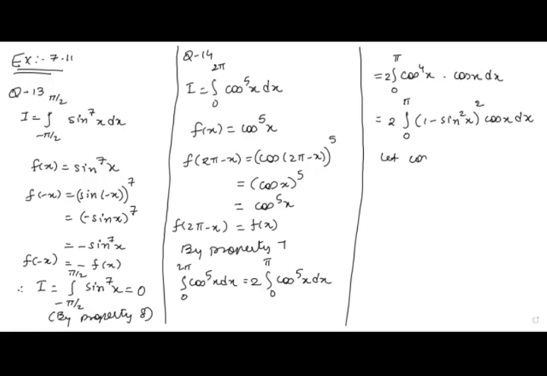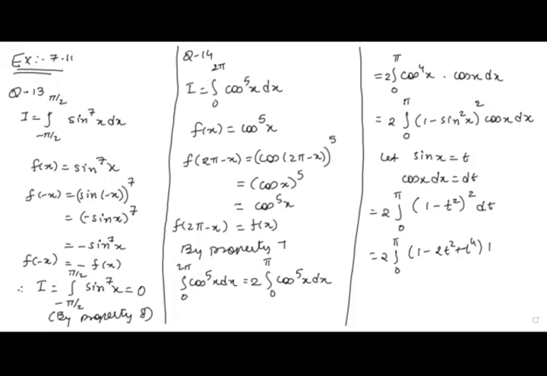Now I assume sin x as t, then I will get cos x dx as dt. So I can replace this with 1 minus t square whole square dt. Expanding gives me 1 minus 2t square plus t raised to 4 dt.